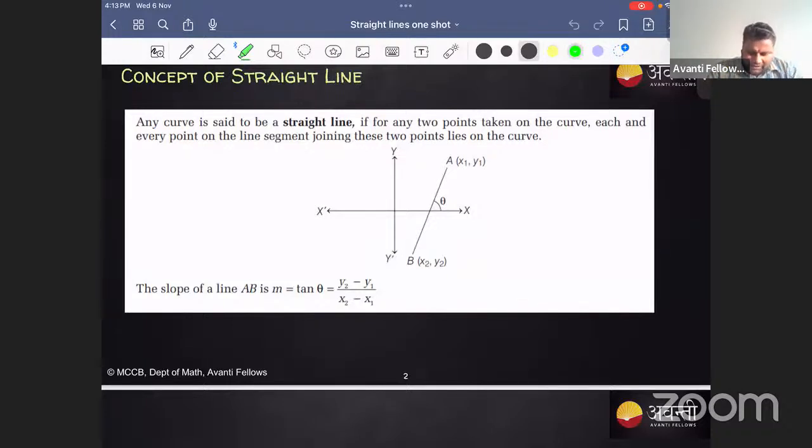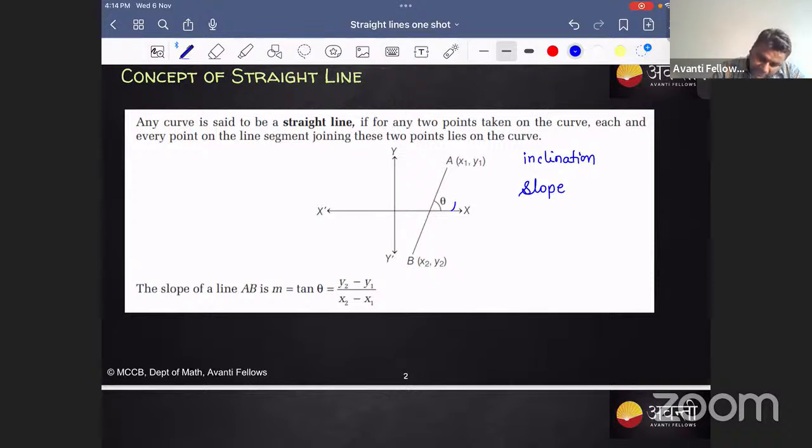First of all, we'll understand the very basic thing in the straight line, that is slope of a line. There are two terms basically, inclination and slope. Inclination is the angle which a line makes with the positive direction of the x-axis.